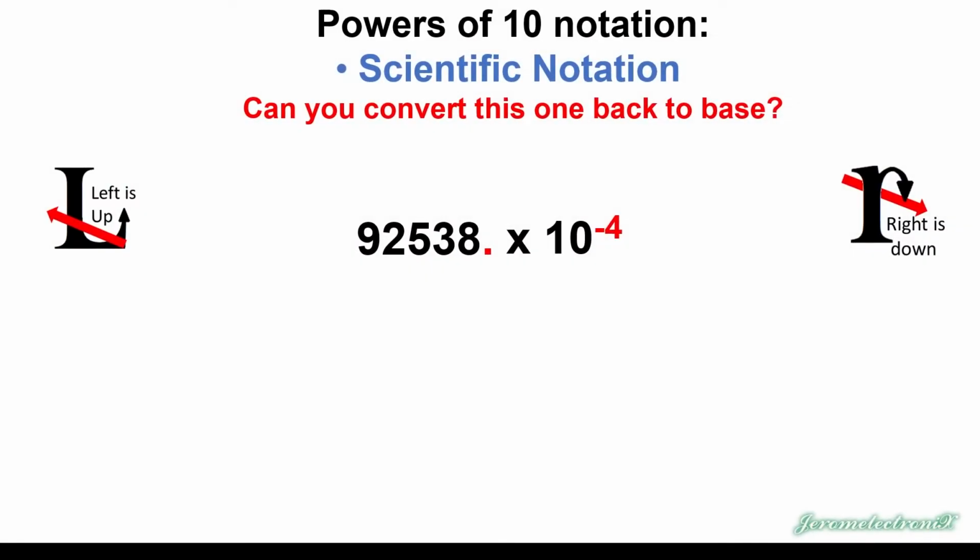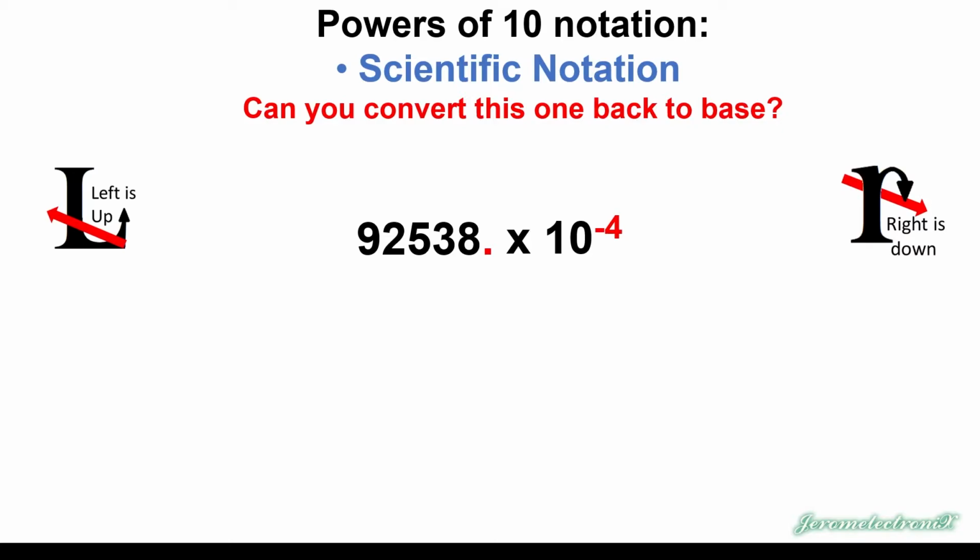Now see if you can convert this one back to base. Remember, we're not converting it to scientific notation. It already is scientific notation. We need to convert this one back to base. Since the exponent is a negative number, we need to raise the exponent, right? Well, if the exponent is moving up, according to the symbol on the left side of the screen, up means left.